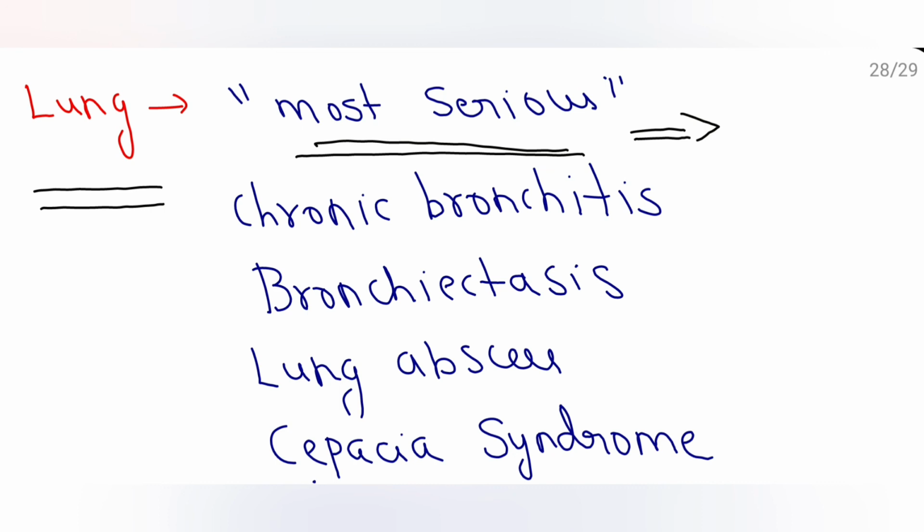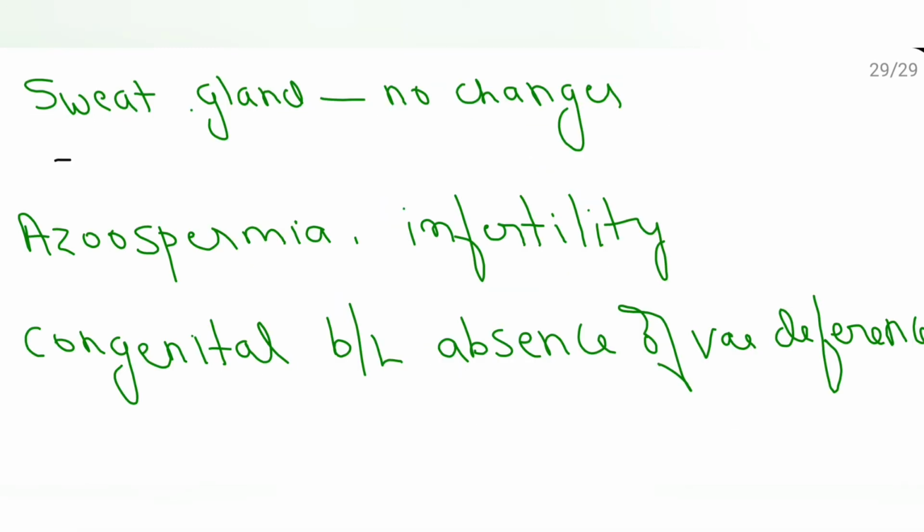There can be superimposed infection which results in chronic bronchitis, bronchiectasis, in some cases lung abscess, and because of the opportunistic bacteria Burkholderia cenocepacia, a fulminant illness occurs that is known as cepacia syndrome.